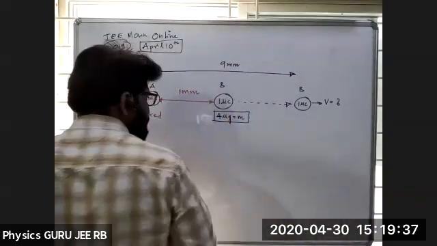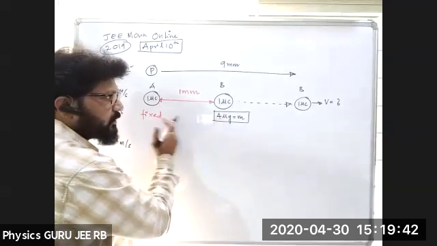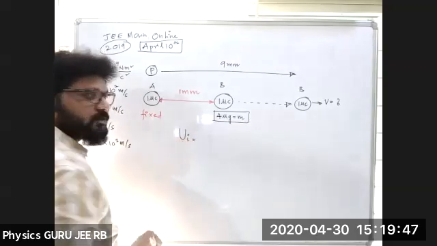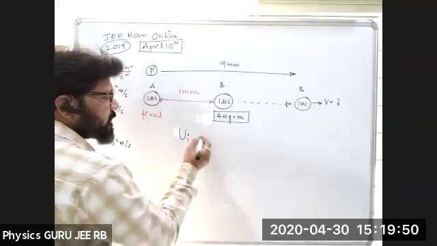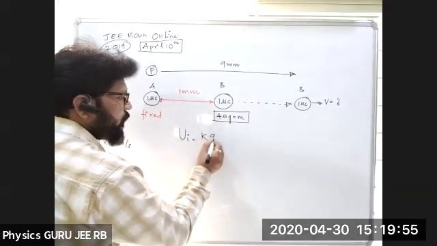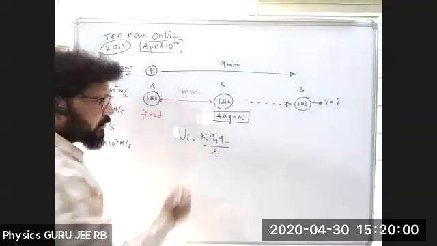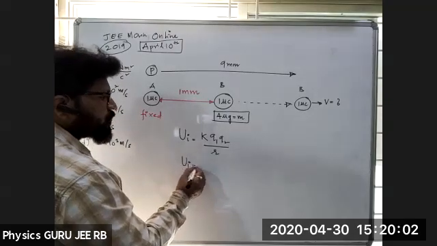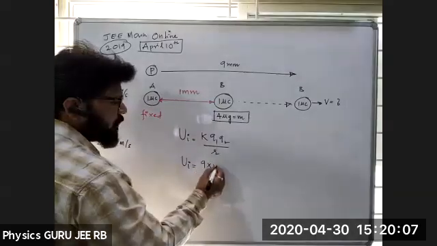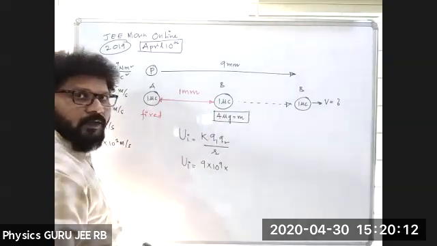Now, see here, initially these two are at a distance, so they will have some potential energy. So the initial potential energy is K Q1 Q2 divided by R. U initial equals K, which is 9 into 10 to the power of 9, into Q1 and Q2, 1 microcoulomb each.